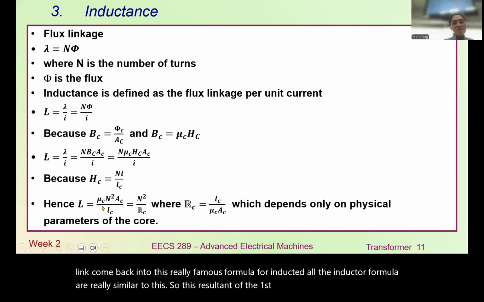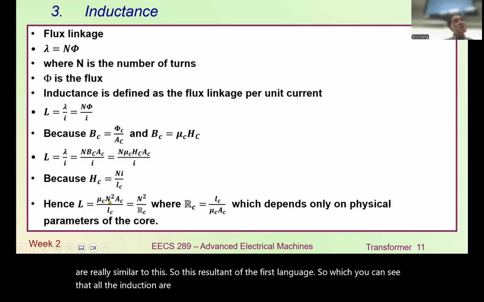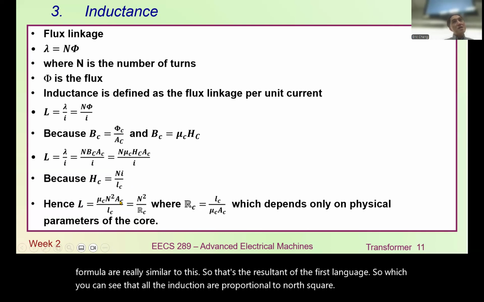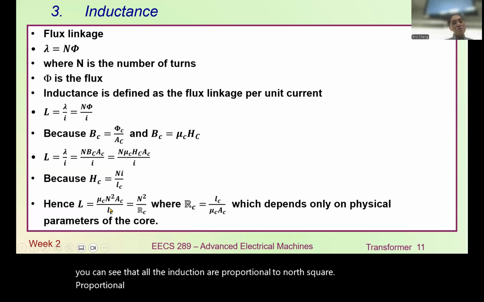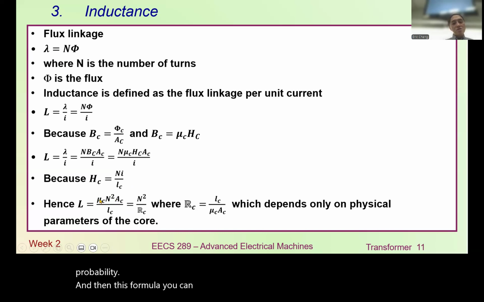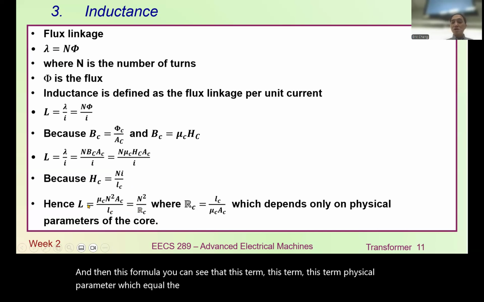So you can see that the inductance is proportional to N squared, proportional to area, and inversely proportional to the length of the core, and of course the permeability. And in this formula, you can see that this physical parameter happens to equal the reluctance.